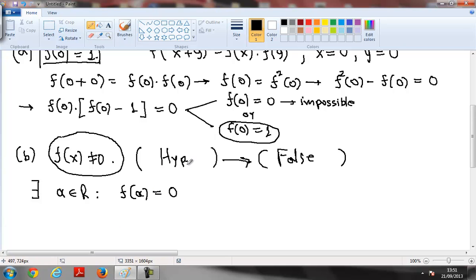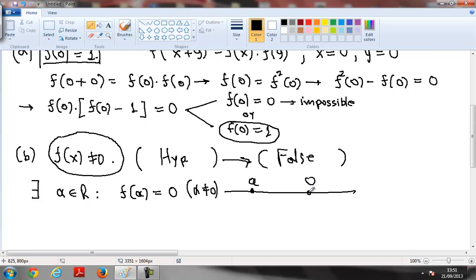So that's my hypothesis, and you can imagine that since a is a number, I don't know if this number is positive or negative. Suppose it's less than 0, but I could think as well that the number is more than 0. This number actually couldn't be 0 since f of 0 is 1, so definitely a is different than 0.